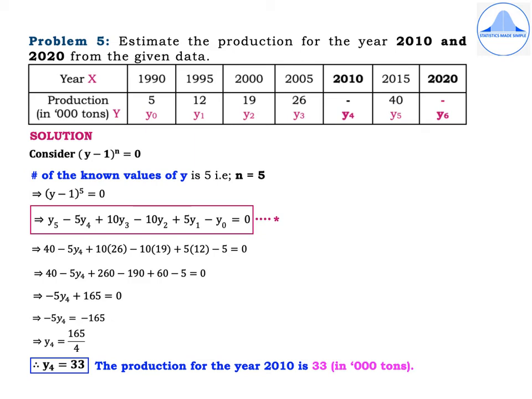On simplification, we get 40 minus 5y4 plus 260 minus 190 plus 60 minus 5 equal to 0, or minus 5y4 plus 165 equal to 0, or minus 5y4 is equal to minus 165, or y4 is equal to 165 divided by 5, which gives us y4 equal to 33. Therefore, the production for the year 2010 is 33 in 1000 tons.